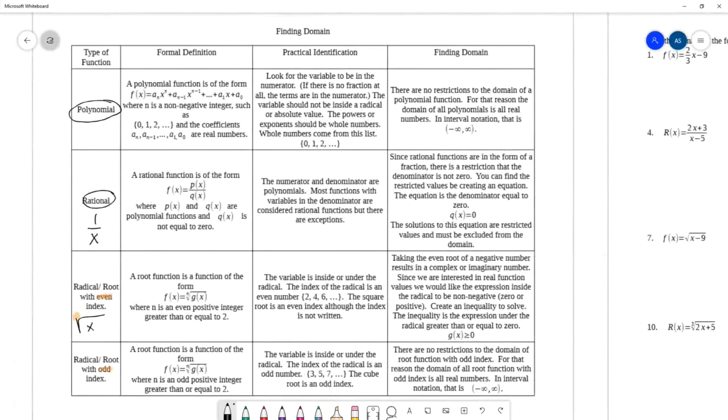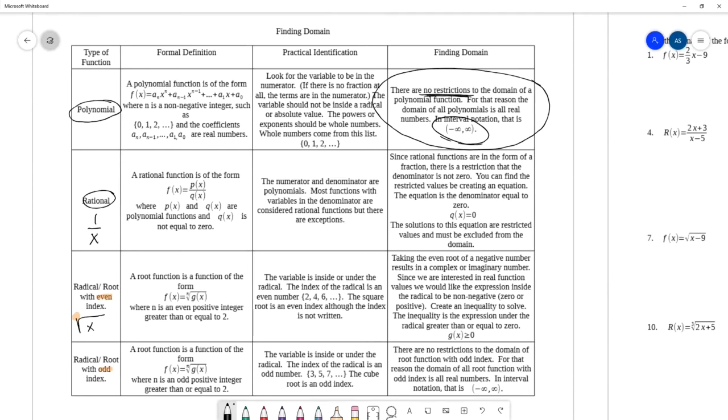So I pulled this handout from my website, which gives a summary of how to find domain for each one of these categories. So when you have a polynomial function, you have no restrictions on the domain, and the domain will be all real numbers, negative infinity to infinity.